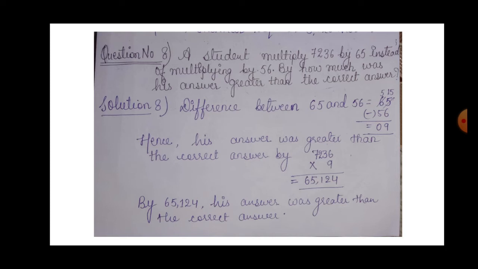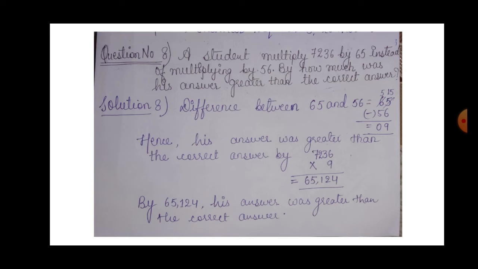What was the number which was to be multiplied with 7,236? It was 56. But the multiplication the student has done was by 65. So the difference between 65 and 56 is how much? It is equal to 9. So now after getting the difference between these numbers, you can just multiply with the number by which the student was looking to multiply.